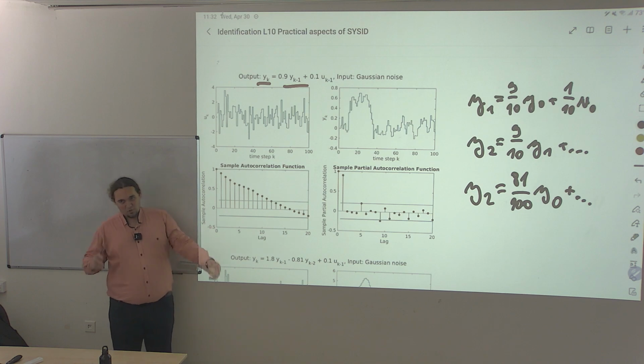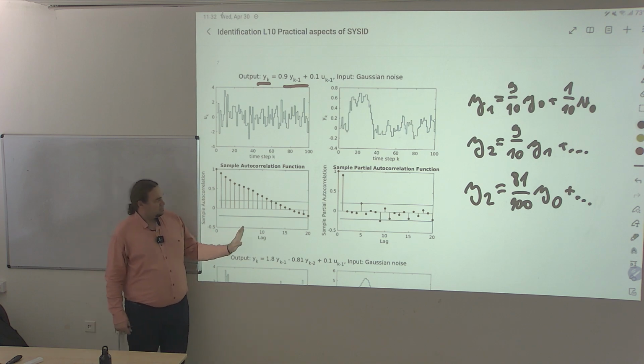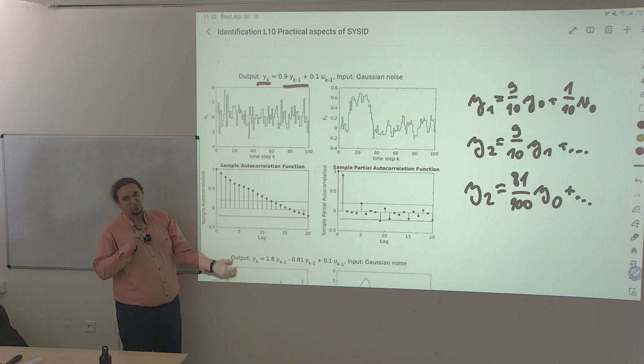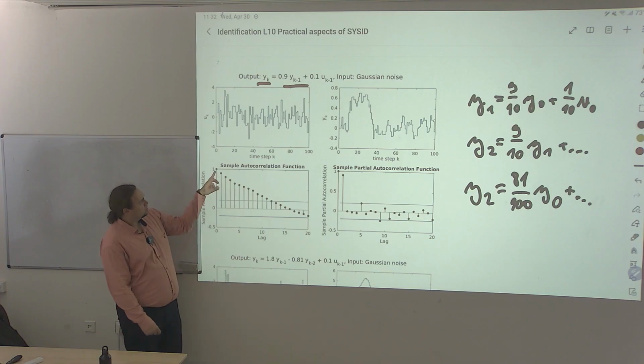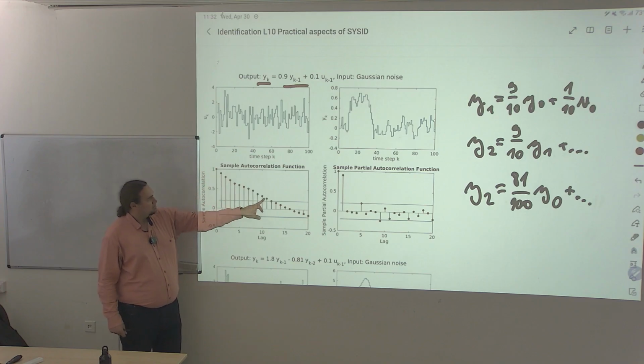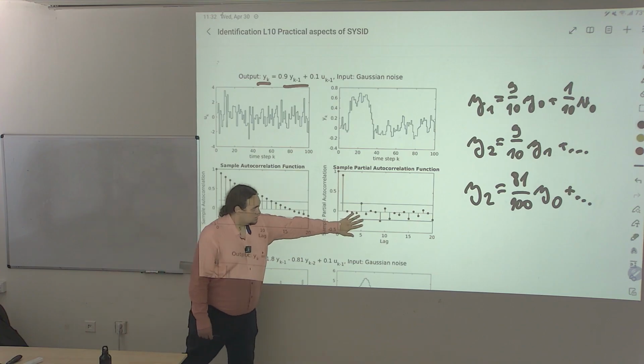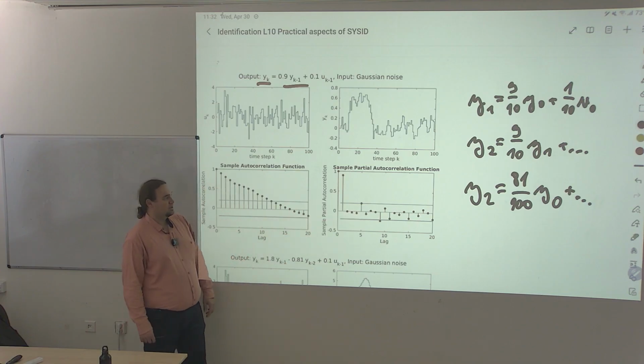Because we can wind back, we can find out that even after 10 time steps, our output was influenced by the initial condition. So that's why the autocorrelation function won't be as good in selecting the order as the partial autocorrelation function.